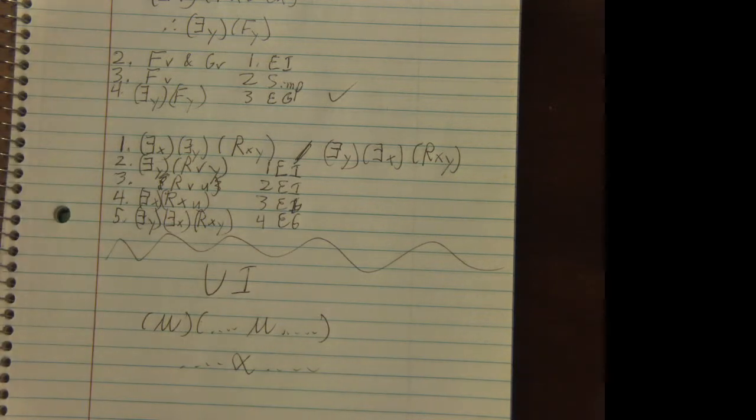So remember, your universal instantiation and your existential generalizations, those are the easy inferences. Those are the ones you're allowed to do with a pseudonym or a constant. And those are the only two. Notice that the other two, existential instantiation and universal generalization that we're about to get to, you can't do to a constant because it doesn't follow.